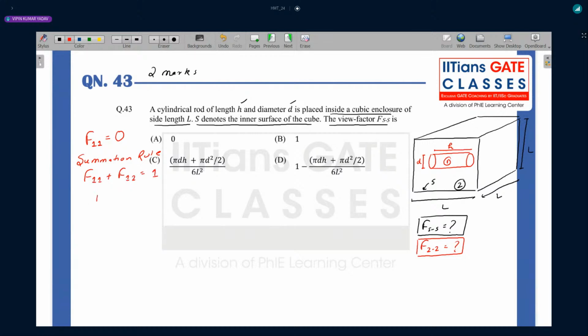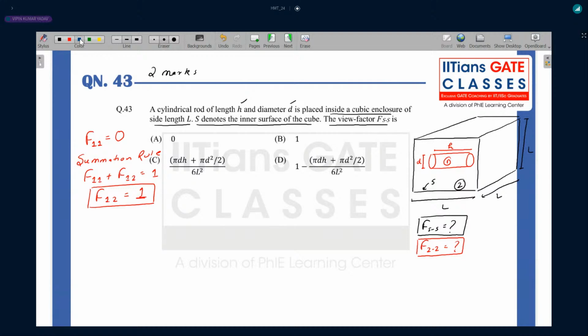So from here I can write F12 is equal to 1. All the radiation leaving surface 1 falls on surface 2.